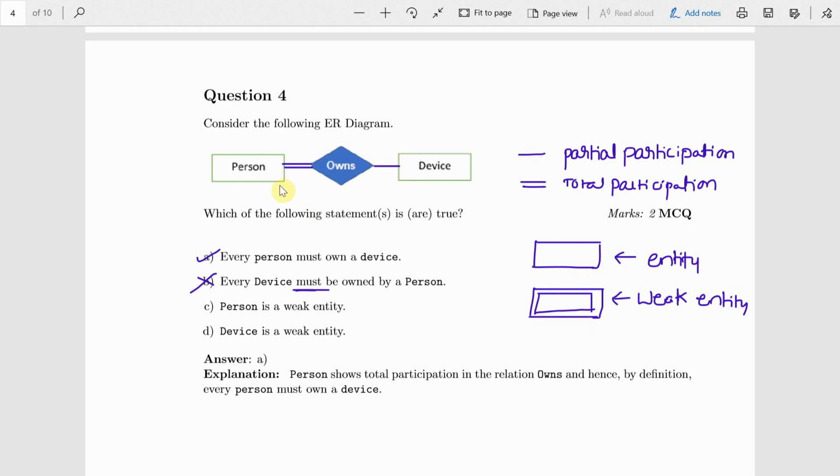Now what is given for person and device? For person and device, a single rectangle is given. A single rectangle means it is strong entities, or simply we can say entity, but not weak, because weak is represented with a double rectangle. So options C and D are wrong. So the answer for the question is option A.